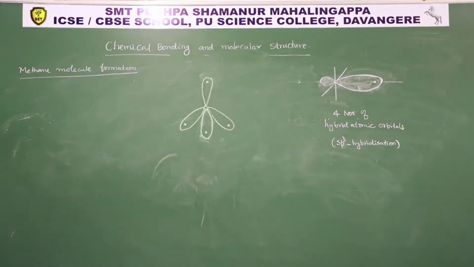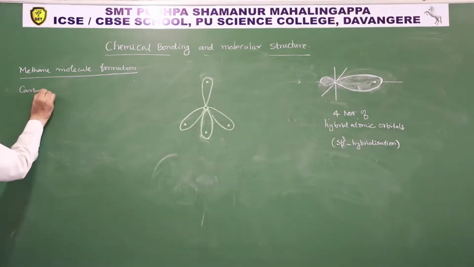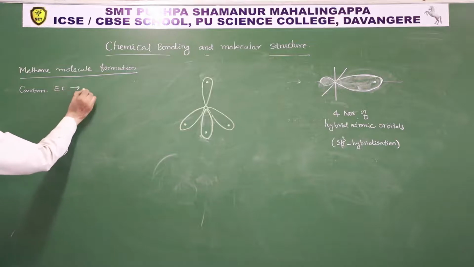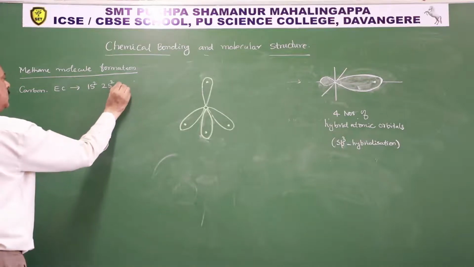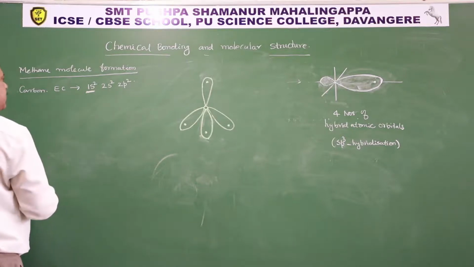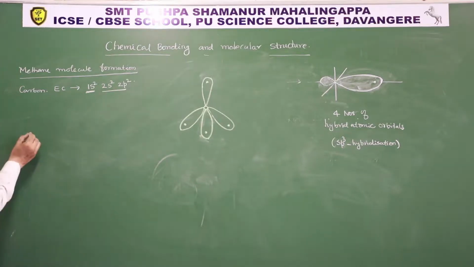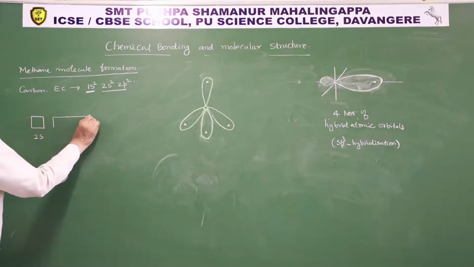usually the valence electronic configuration of carbon is 1s2, 2s2, 2p2. The first energy level is already occupied by 2 electrons. In the second energy level there is the 2s atomic orbital and 3 2p atomic orbitals.